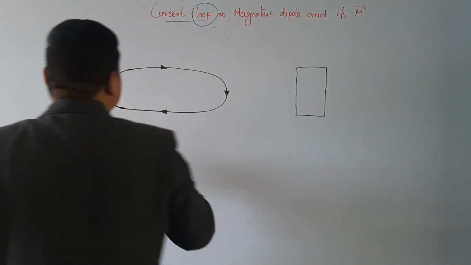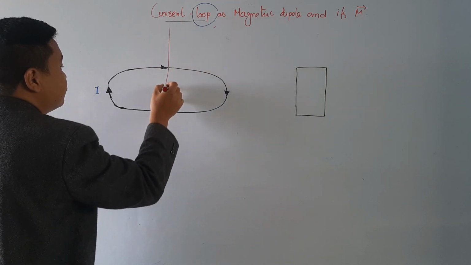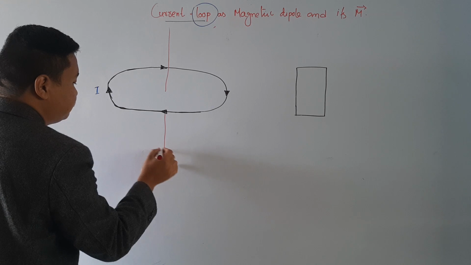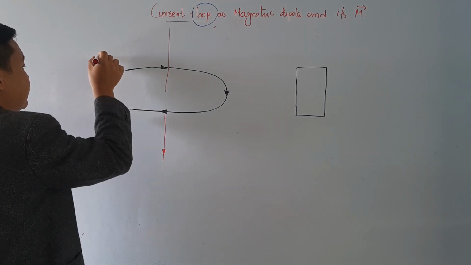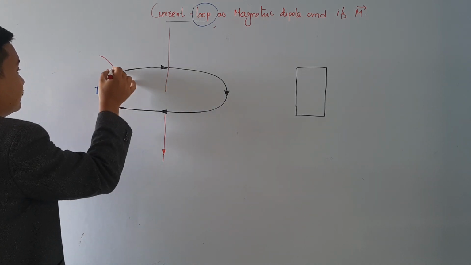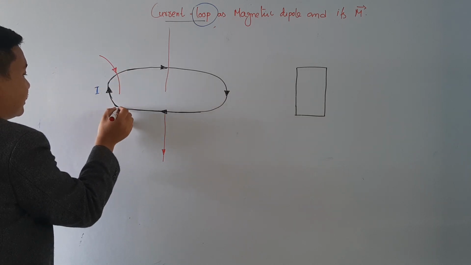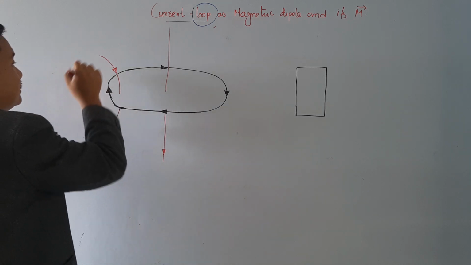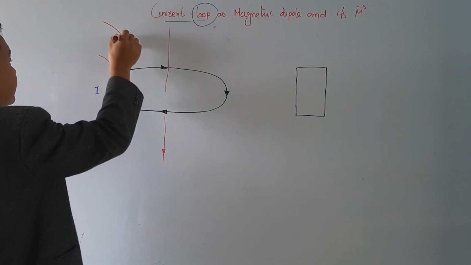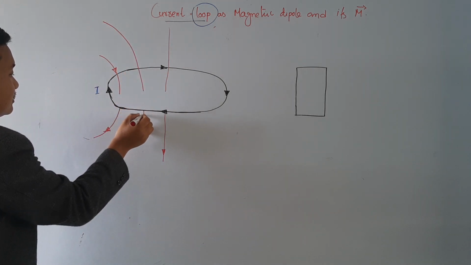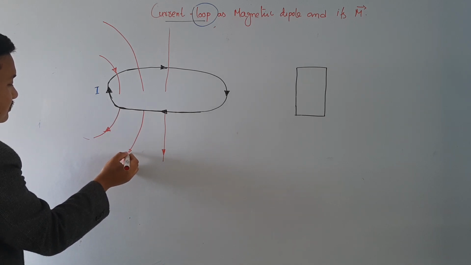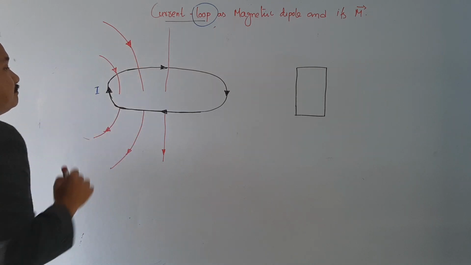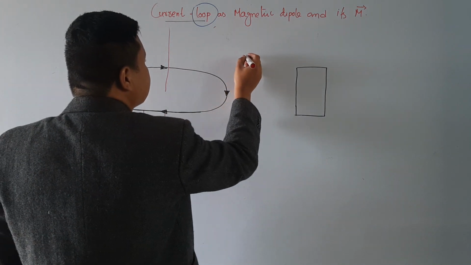Here I will make a straight line, and this is my magnetic field, going inside and coming outside, making a loop like this, which I am not going to draw here. Here it is going inside, and here also it is going inside.